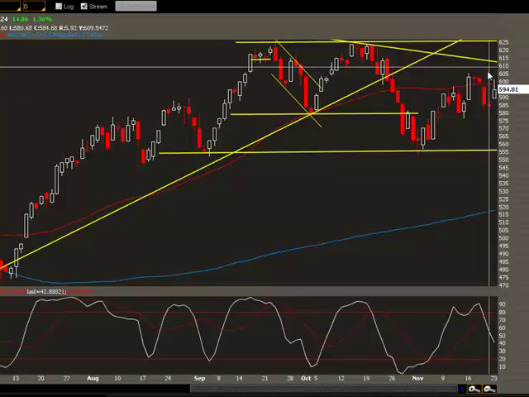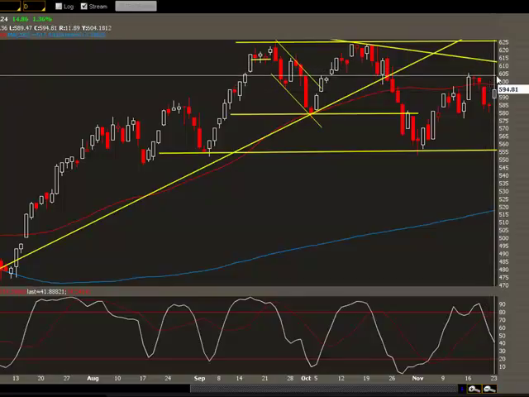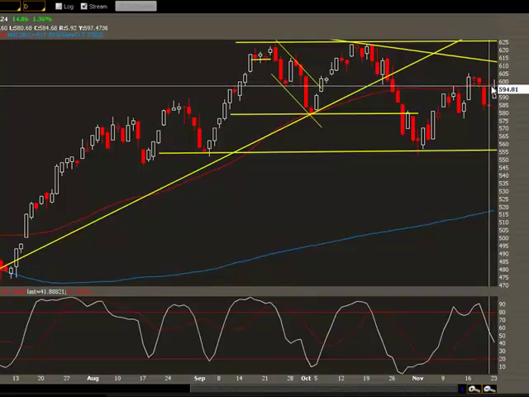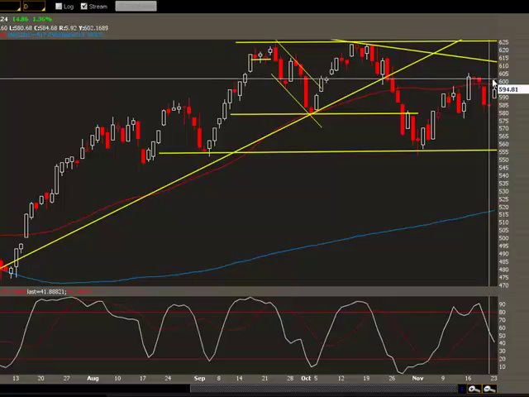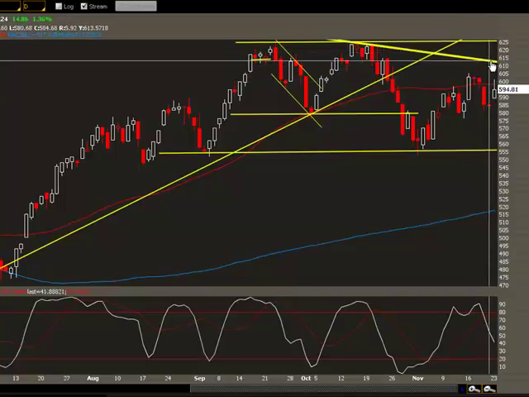There is a constant struggle here, with the bears not letting this index close above 600, which would be a bullish sign. If we start closing above 600 and the 50-day moving average, we're out of the clutches of the bears, and the bulls will definitely take it from there and it will go up higher.